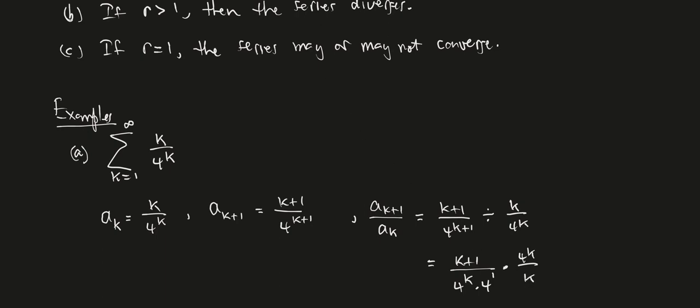And then as soon as I do that, I realize that I can get rid of the 4 to the k. So that completely goes. And then what are we left with? We have k plus 1 in the numerator, and then in the denominator we have just 4k. And that's our ratio. This is our ratio of successive terms.